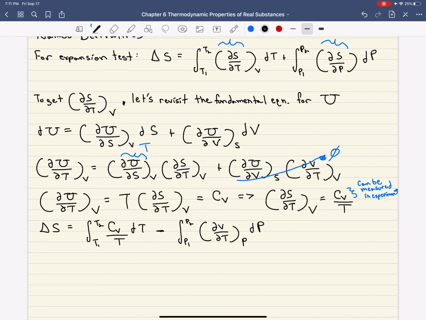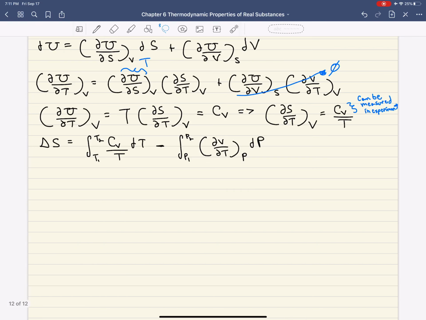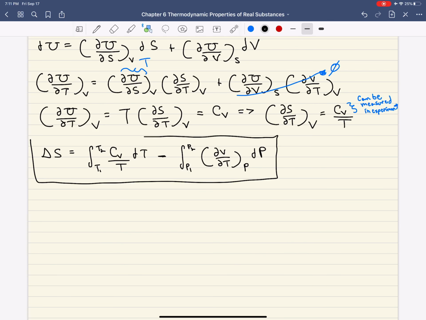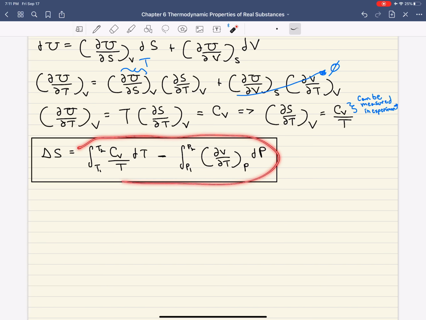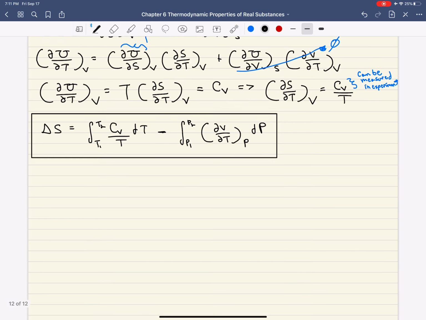And so we see that just from invoking various mathematical relationships among our fundamental equations, we now can relate measurable properties to something at the molecular scale.